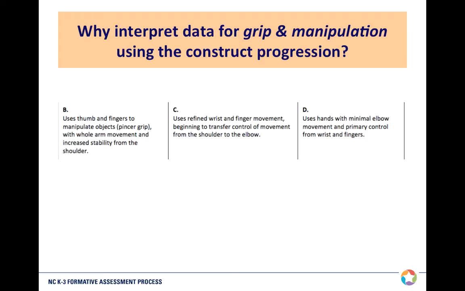They have some increased stability from the shoulder, but you still notice that they're using their thumbs and fingers, like the pincer grip, but you see their elbow up in the air when they're writing. So they're not doing a shoulder roll, right? But they have their elbow up in the air when they're writing. We see our students do this all the time, right? So where might they be along this progression?